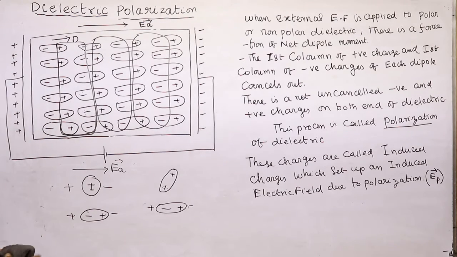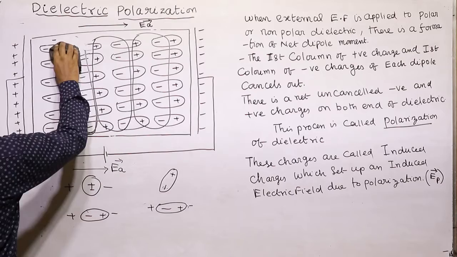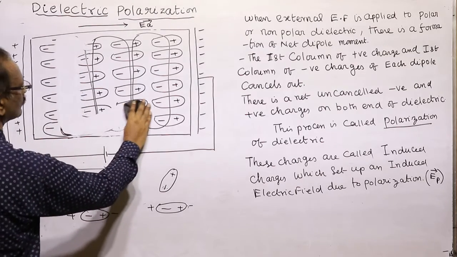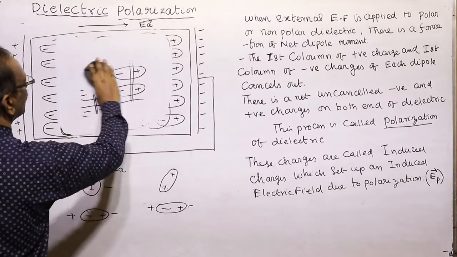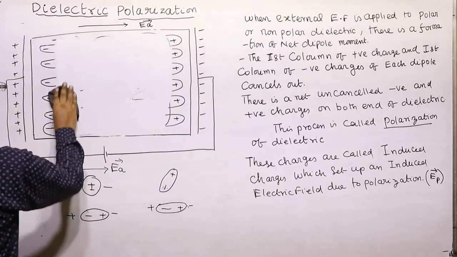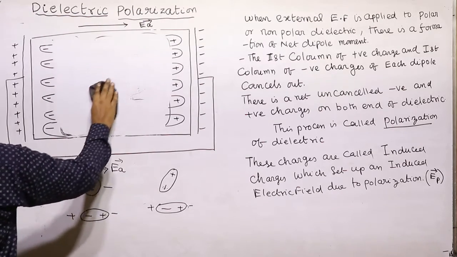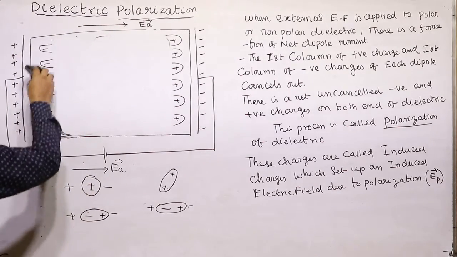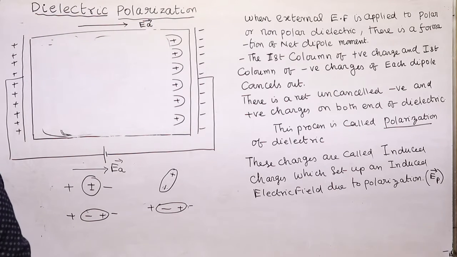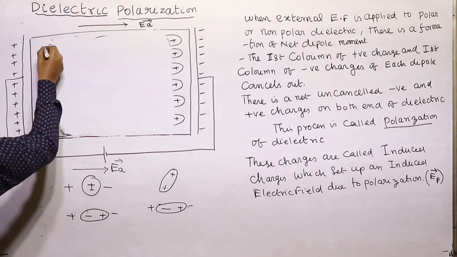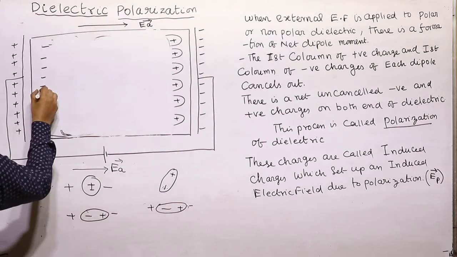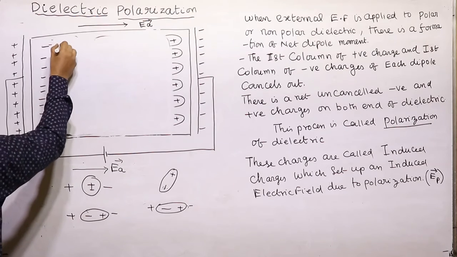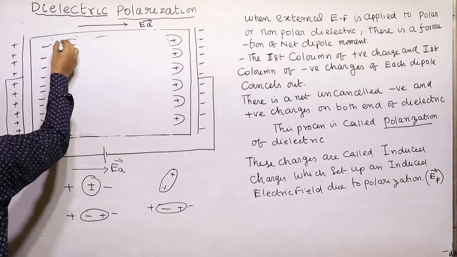When it is cancelling out, it will look like this, because this is already cancelled out. When it is cancelled out, we find a row of negative charge here, because this is the row of the negative side. Here the positive and negative cancel out.